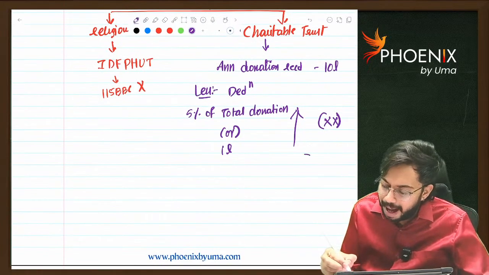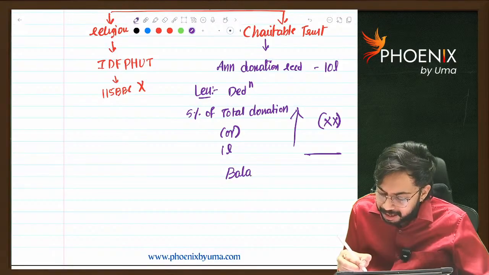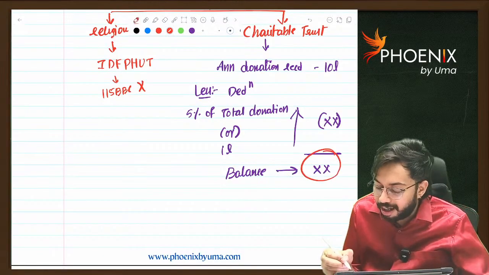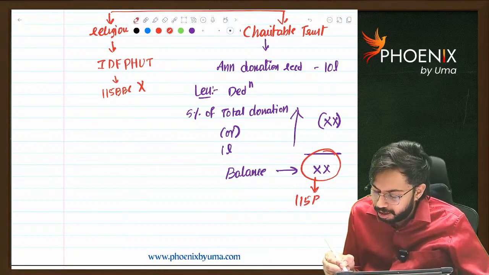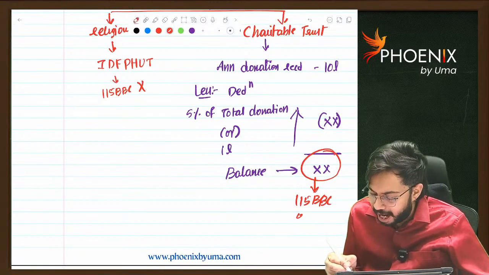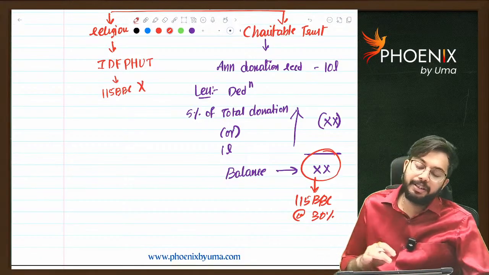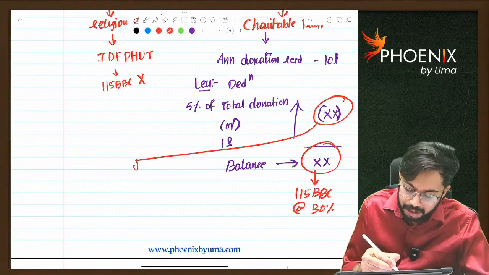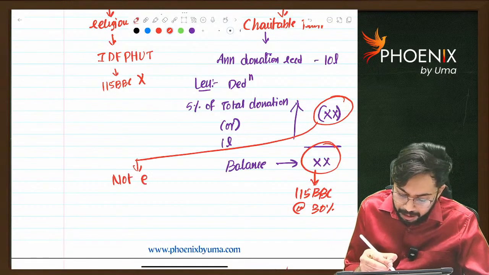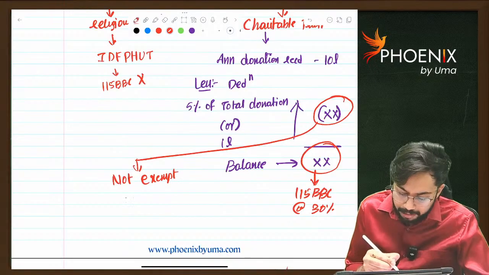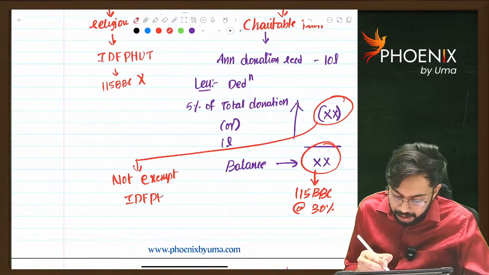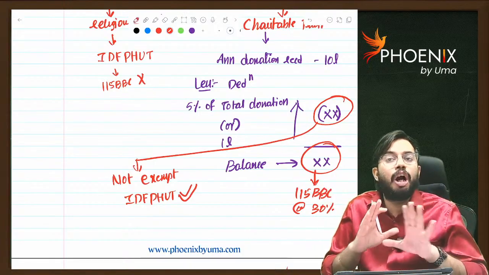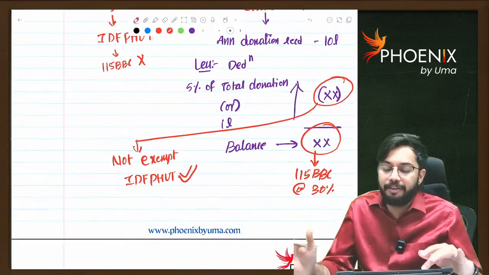And whatever the balance is there, that balance amount is taxable under section 115 BBC on a flat rate of 30%, with no deduction allowed. Are you able to understand? And whatever the donation that is allowed as deduction, that is not exempt, that will be treated as income derived from property held under trust.